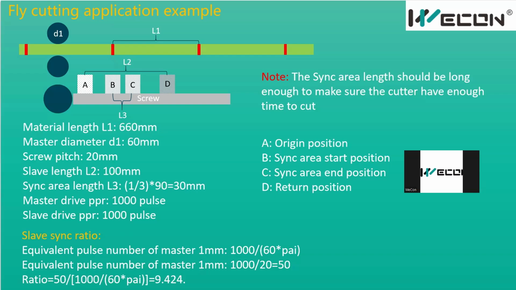The limit for the rotary cutting is usually 5, but for this fly cutting, we don't have that limit. So this result 9.424 is okay.